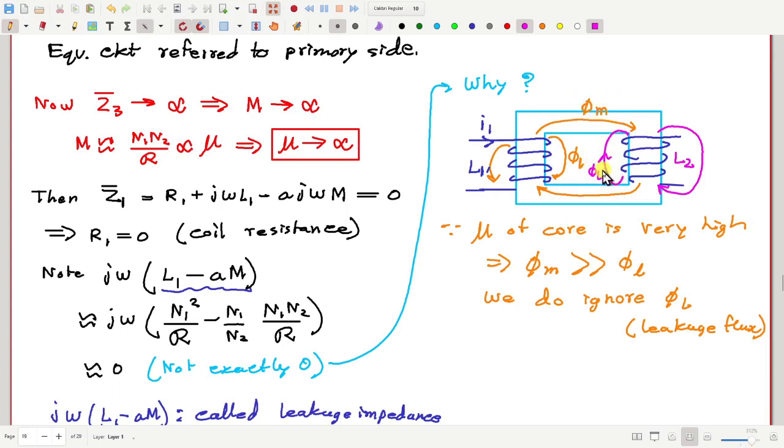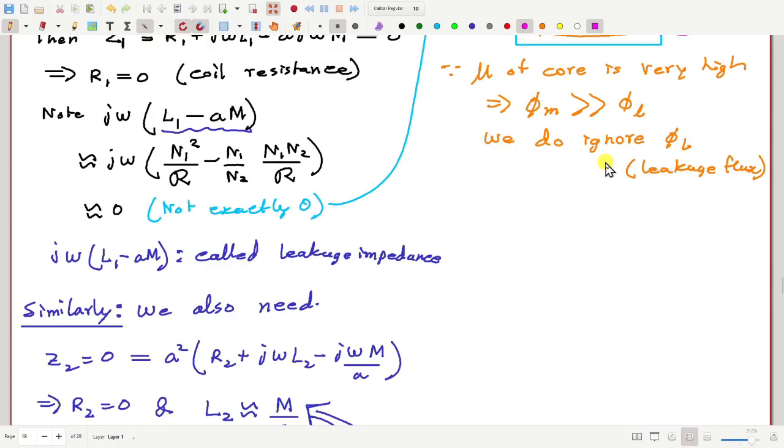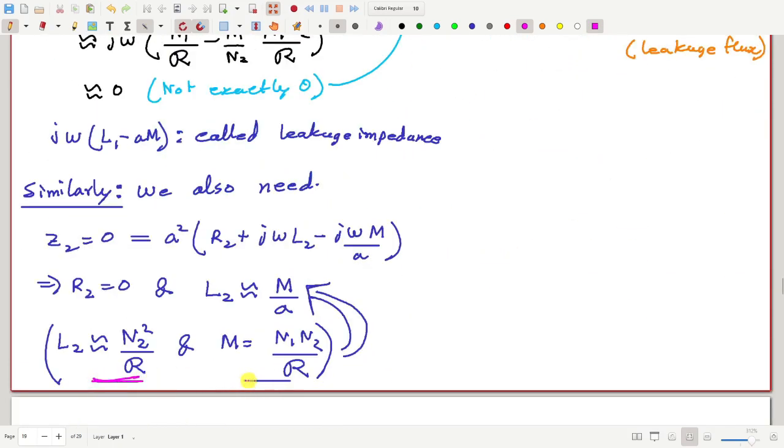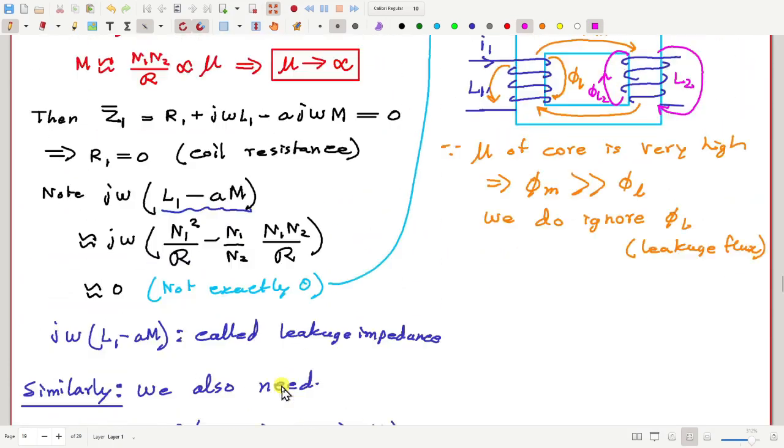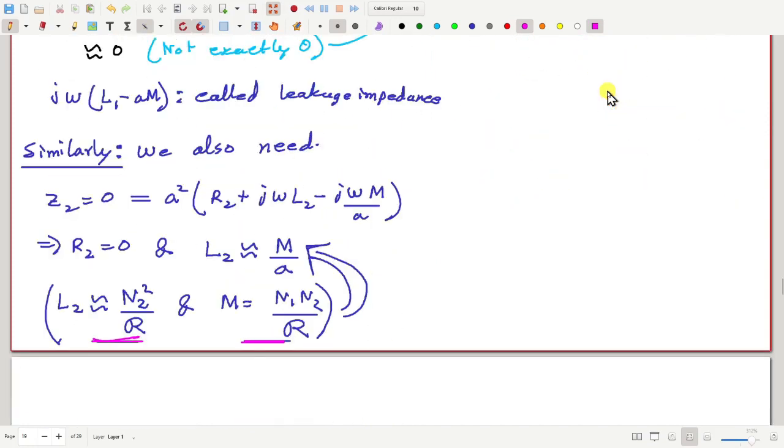We ignored phi L2, and from that we got these two approximate equations. But actually, L2 will be larger because this phi L2 should also be considered. Therefore, this term here won't be exactly 0, but it is close to 0.